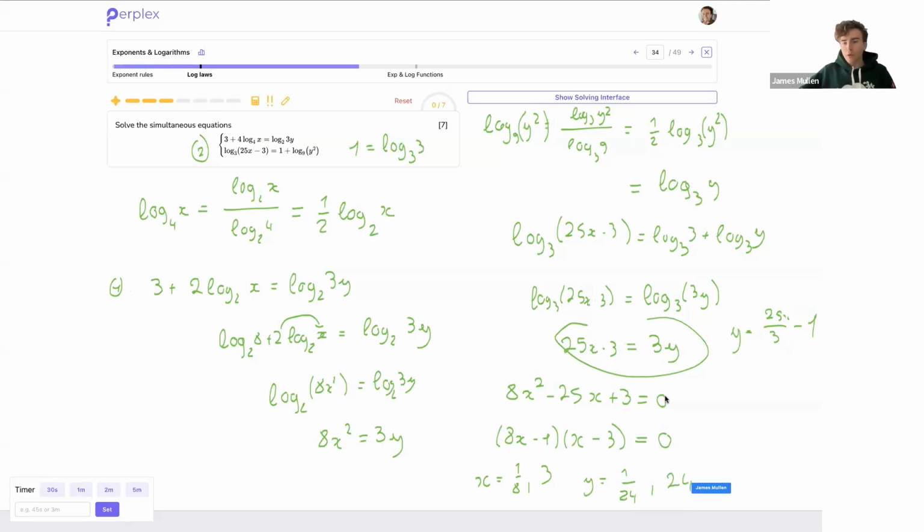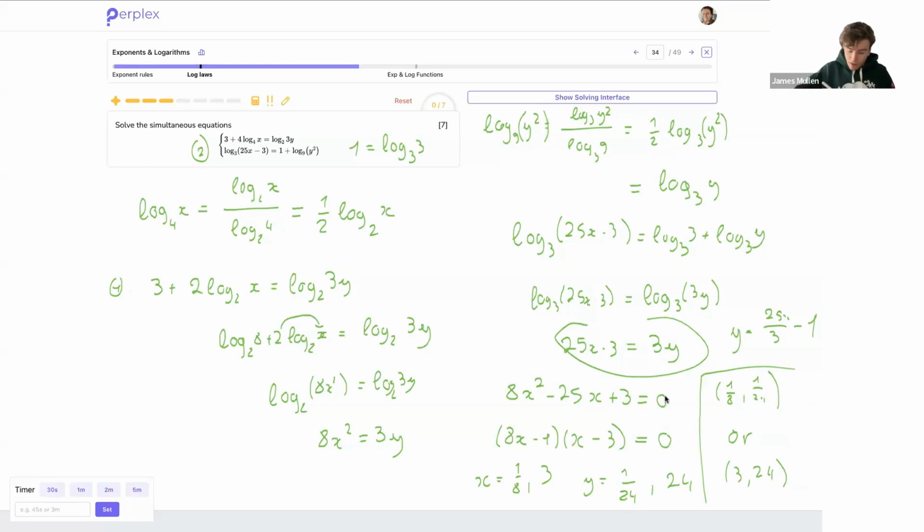Now it's very important when you're writing the solutions to questions like these, where there's one x solution with one y solution, that you write them as a pair. You explain which one goes with which. So I have 1 over 8 and 1 over 24, or 3 and 24. You won't get the final marks if you don't do this, because x equals 1 over 8 does not work with y equal to 24, and you need to make that clear.